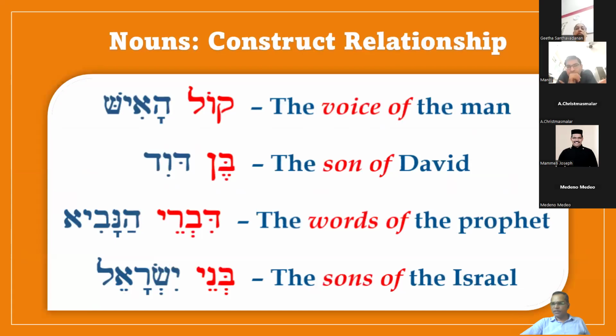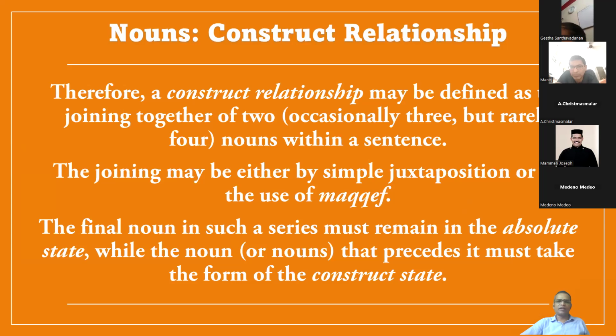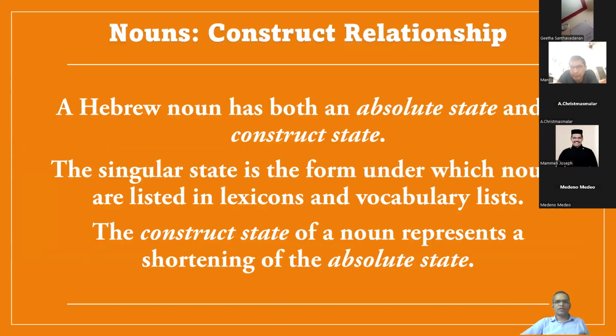We have just five minutes, so let me explain one of the important things with regard to the absolute-construct relationship. Hebrew nouns will appear both in the absolute state and the construct state. What we see in the lexicon or in the vocabulary list is basically the absolute state, not the construct state.